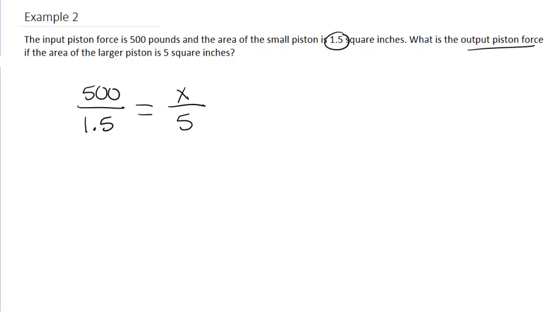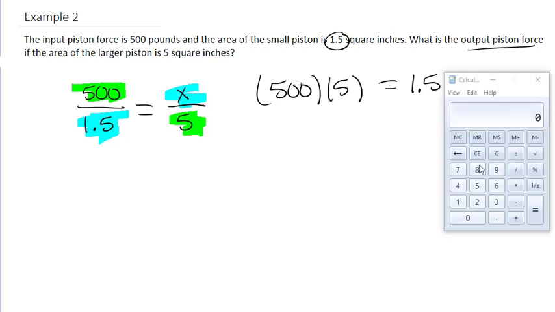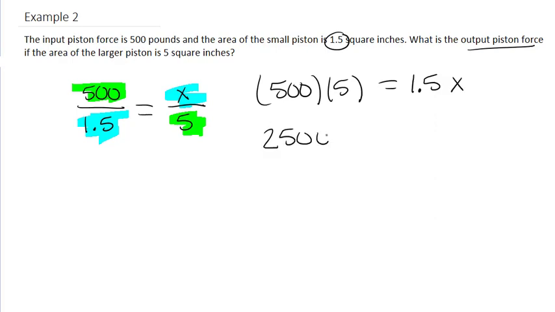And then we're going to cross multiply. So we get 500 times 5, which is equal to 1.5x. Let's get our calculators out and do this multiplication on the left. We get 500 times 5, which is equal to 2,500, which is equal to 1.5x.